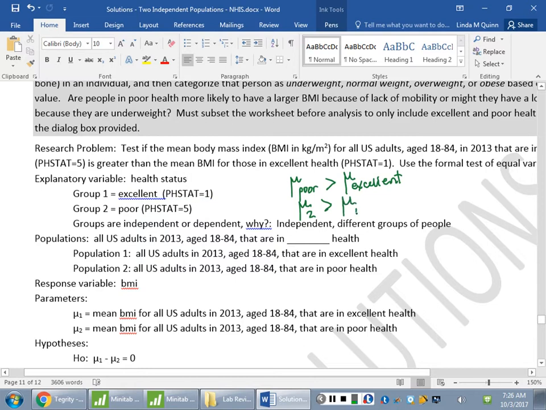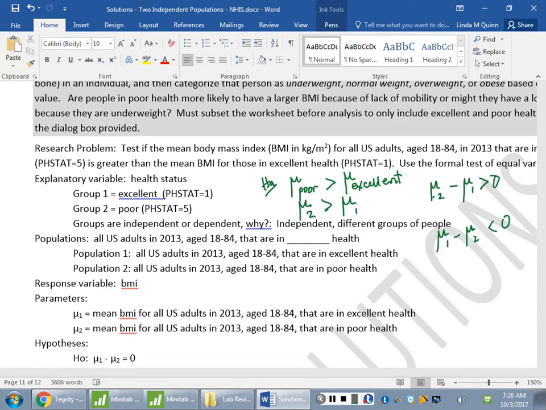Once again, I've got to flip these around. So this is mu 2 minus mu 1 is greater than 0. But I need to get the order the correct way, in which case it's mu 1 minus mu 2 is less than 0. Just remember, if I multiply this entire equation by -1, that flips the order of the groups, but when you multiply by a negative in an inequality, you flip the sign.